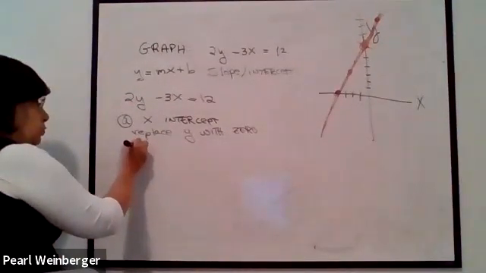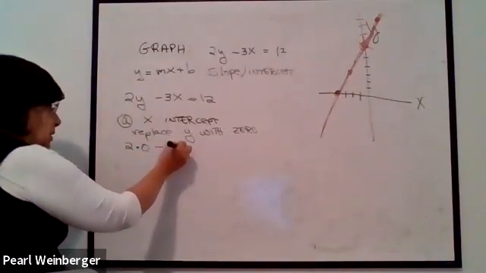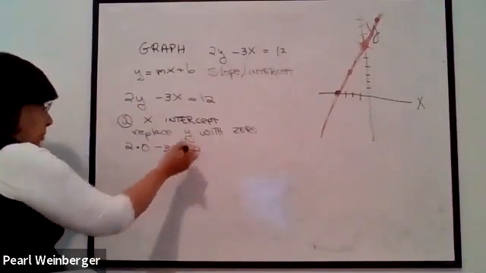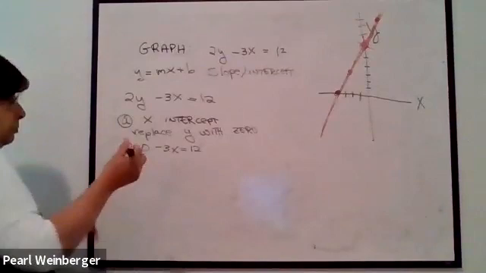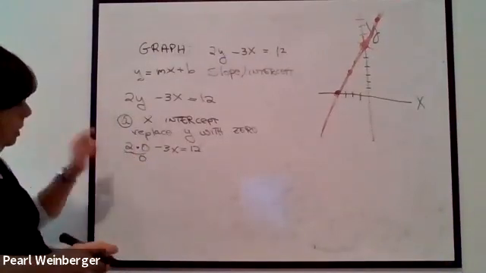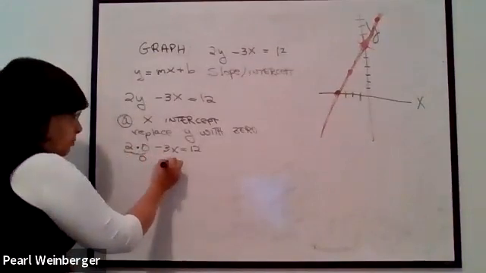So that would give me 2 times 0 minus 3x equals 12. Now 2 times 0 itself is just 0. 0 times anything is 0. And 0 minus 3x is just negative 3x.